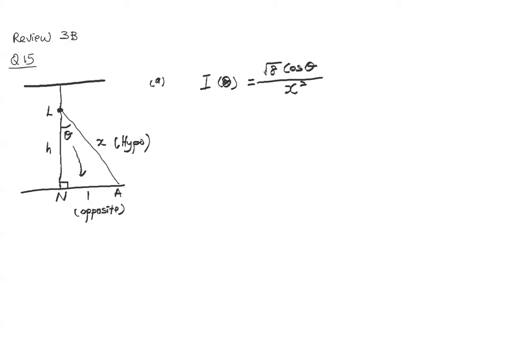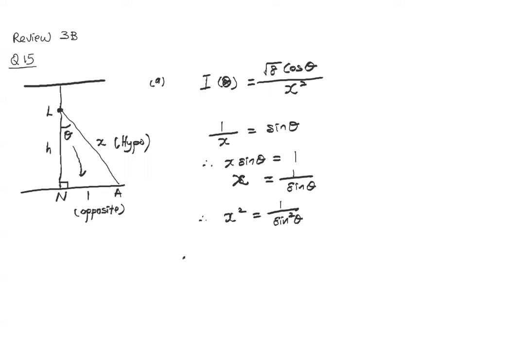So what should I do? Can I say 1 over x is equal to sin theta? So therefore, x sin theta is equal to 1. So therefore, x is equal to 1 over sin theta. So therefore, x squared is equal to 1 over sin square theta.